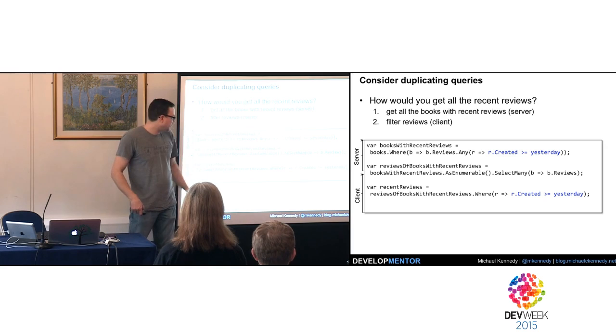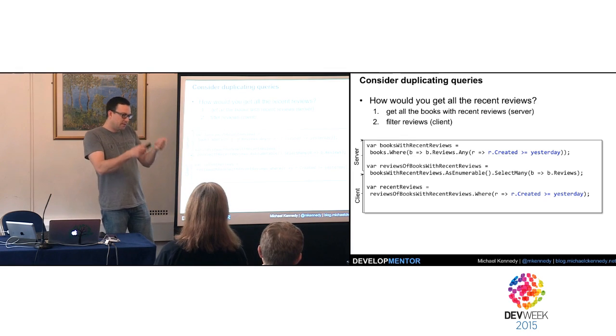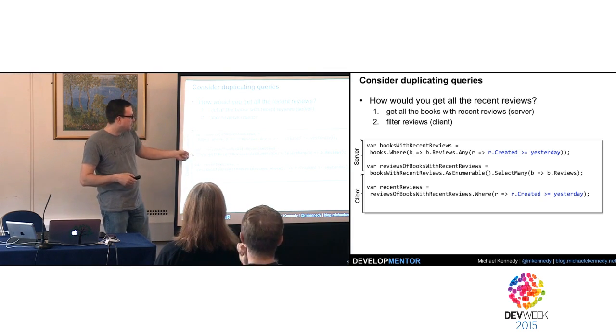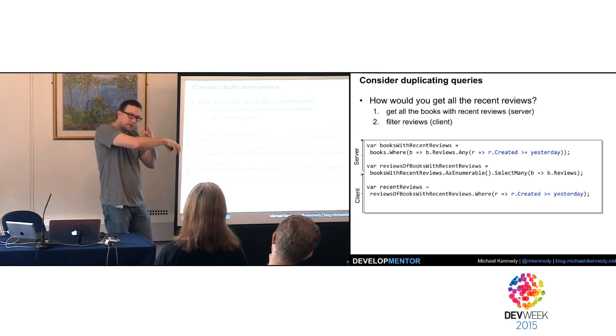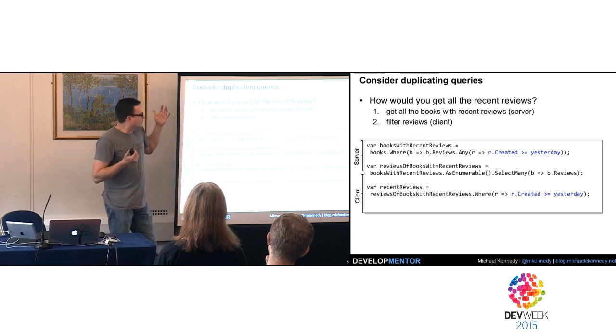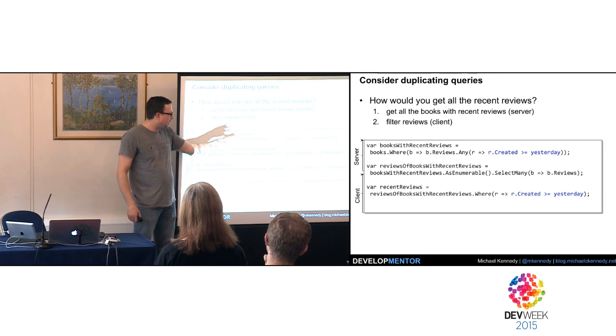projection on the client. But what are we trying to do here? I want all the books. I want the reviews of the books. I really just want the reviews from today, right? But they're stuck within the book because the nested model I chose may or may not have been a good idea, but I chose it, so here we go. What I want to do is basically a select many, but if I try to do that, it'll fail.